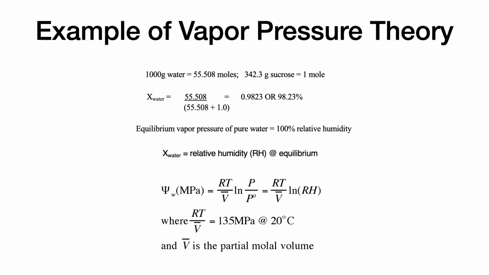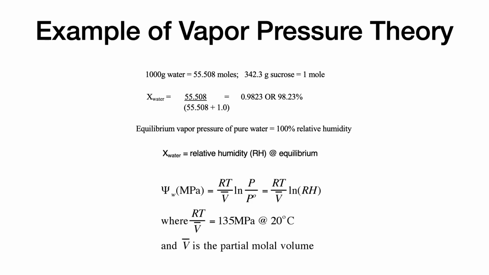So we can say that the water potential is equal to RT over the partial mole volume of water times the natural logarithm of the relative humidity inside a container, for example. And I'm just giving you this, so you don't need to actually go and calculate it.